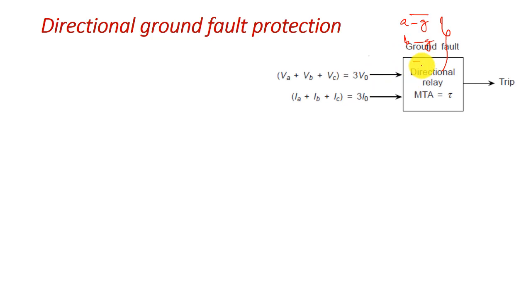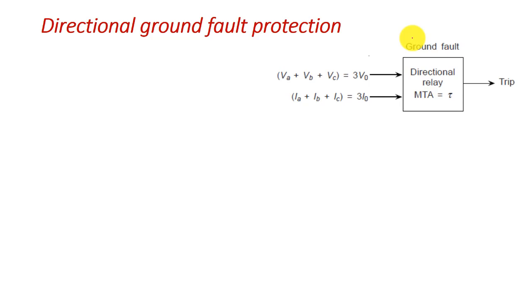Now let us see how we can implement the overcurrent relay for ground fault. Obviously, under this condition, this is an unbalanced condition and single phase to ground fault is more frequent. If we put one of the relay coils in the neutral wire, where we can detect the zero sequence current, we can easily detect the ground fault, right?